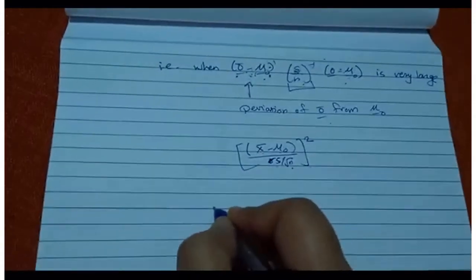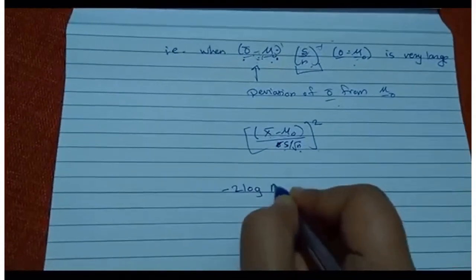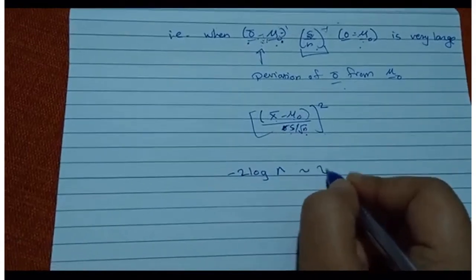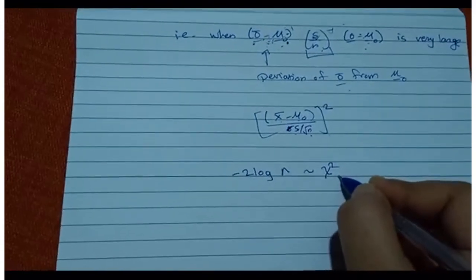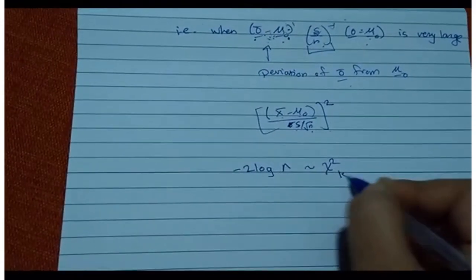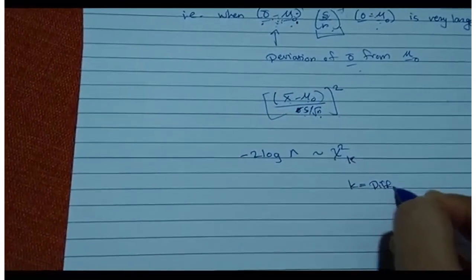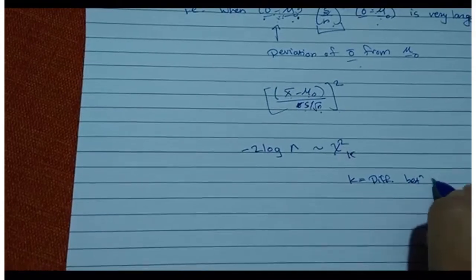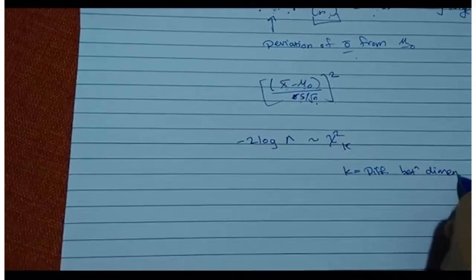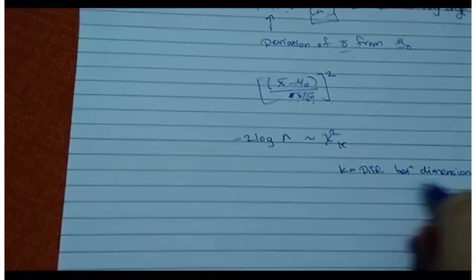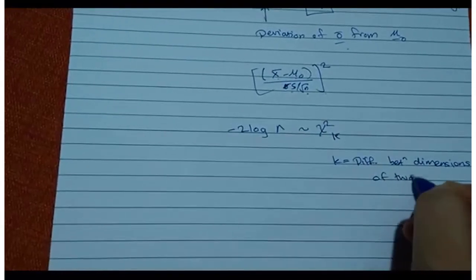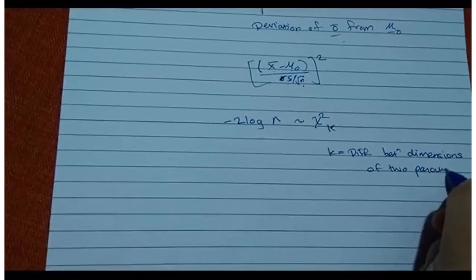Asymptotic limit theory says that minus 2 log lambda in case of LRT follows a chi-square distribution with certain degrees of freedom, say k, where k comes from the difference between dimensions of the two parameter spaces under H naught and overall.